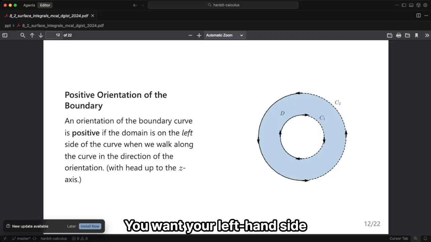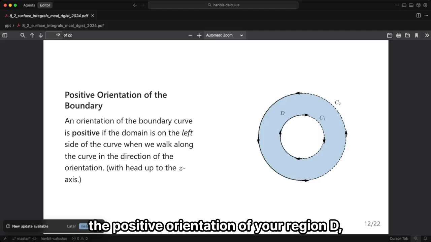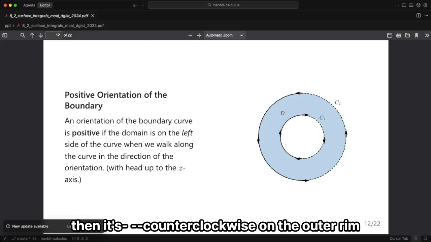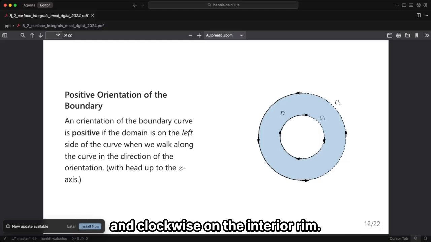You want your left hand side always to be your region. So if you want your region to be on your left hand side, you have to walk in the clockwise direction. So the positive orientation of your region D is counterclockwise on the outer rim and clockwise on the interior rim, okay?